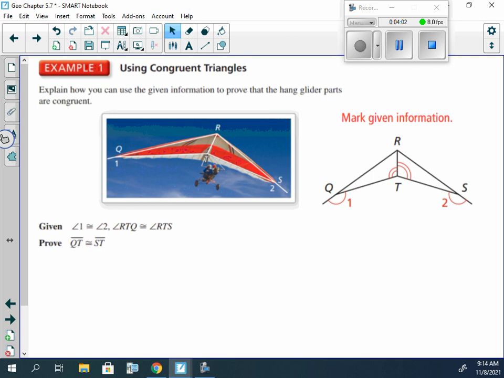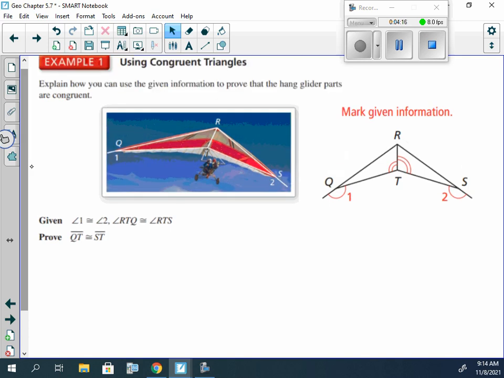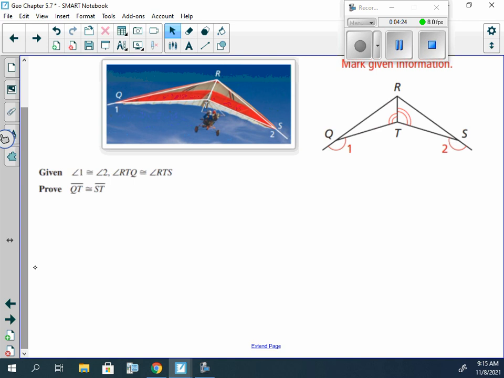So really, to be able to prove these statements, we really need to prove that the triangles are congruent. So if we look at something like this here, explain how you can use the given information to prove that the hang glider's parts are congruent. Now they gave us some information.